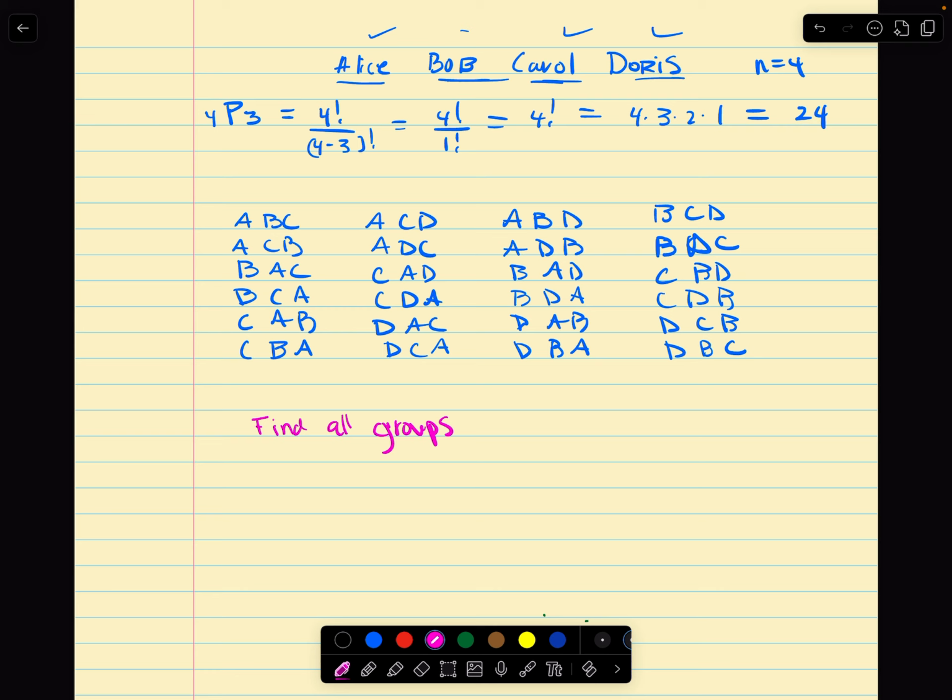So find all groups of size r from n distinct objects is a combination. So instead of a permutation, which is accounting for order, a combination is an unordered set of size r from n distinct objects.